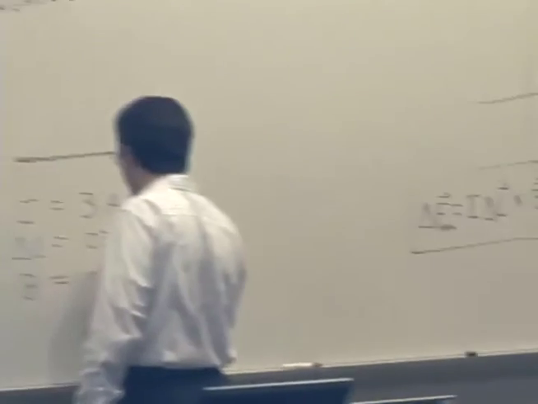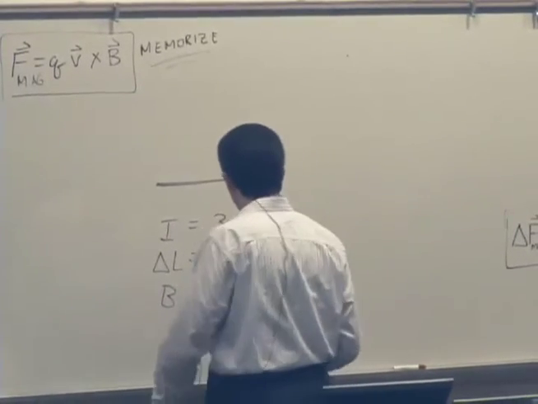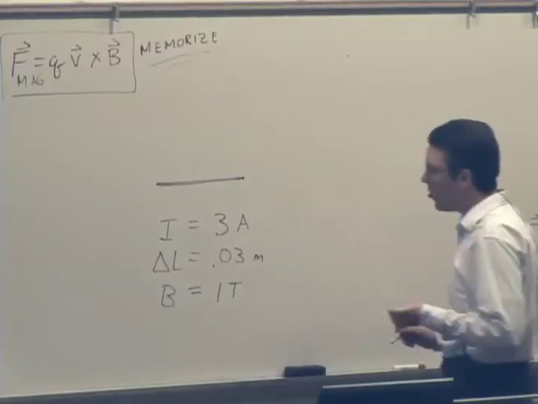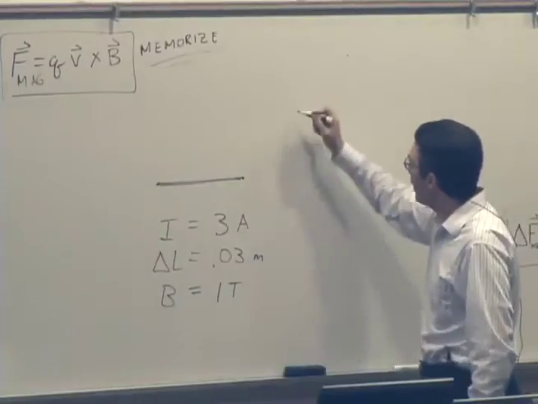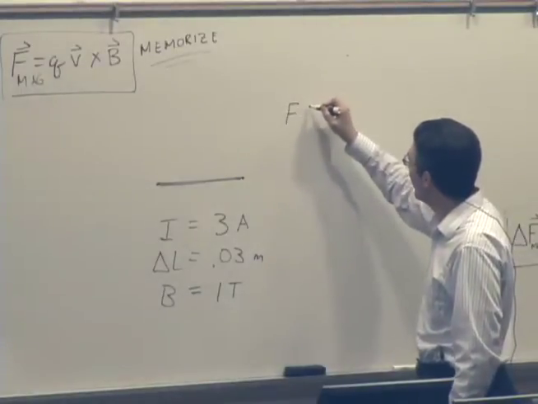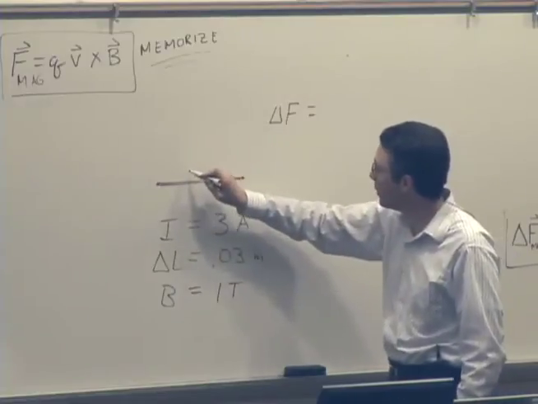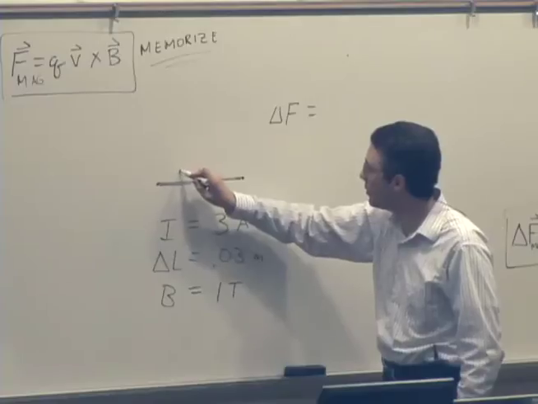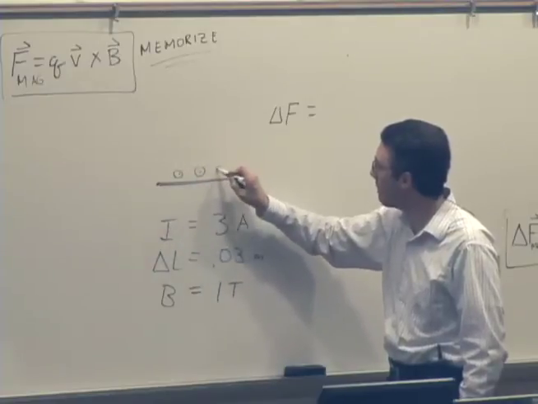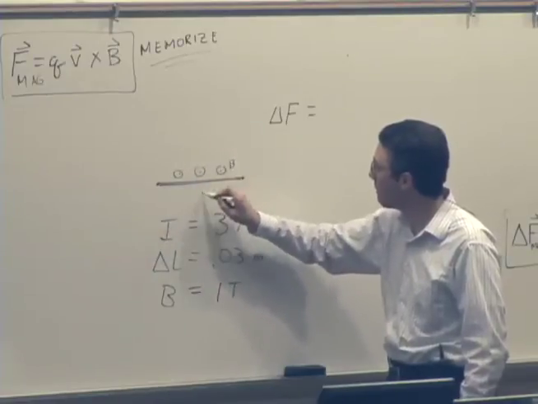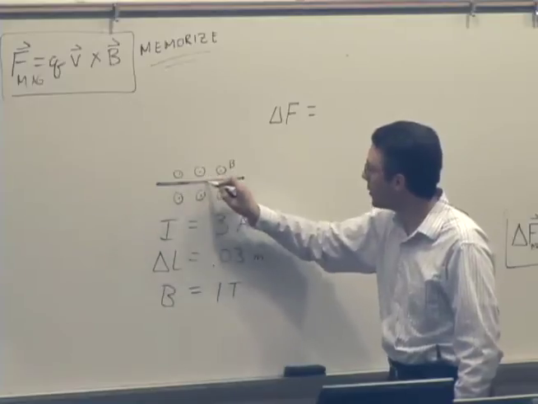Let's just call it 1 Tesla. So we end up with a force on this segment. Let's say the magnetic field again is pointing in some direction, and a current's going that way.